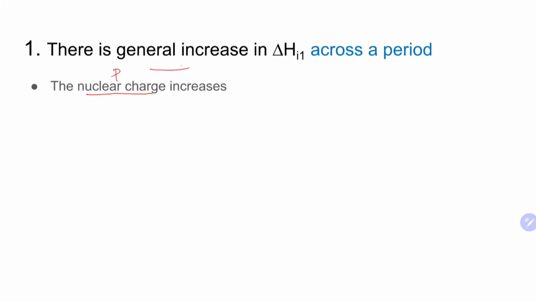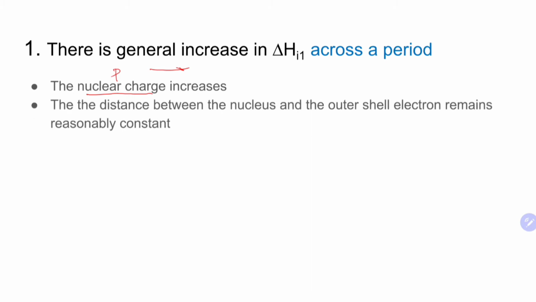From left to right, the number of protons increases. Then the distance between the nucleus and the outer shell electron remains reasonably constant. Why constant? Because in one period, the number of shells is the same.